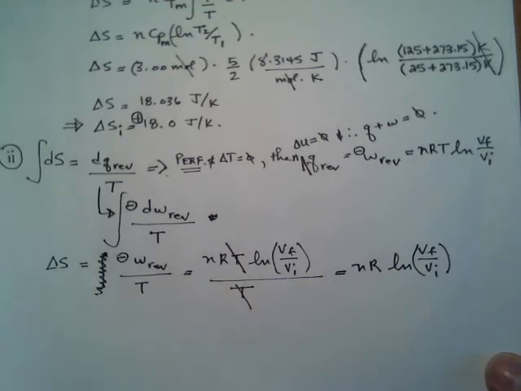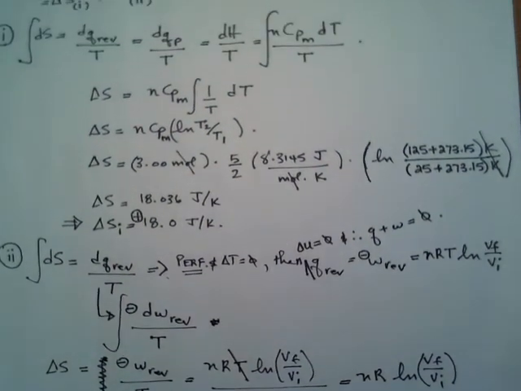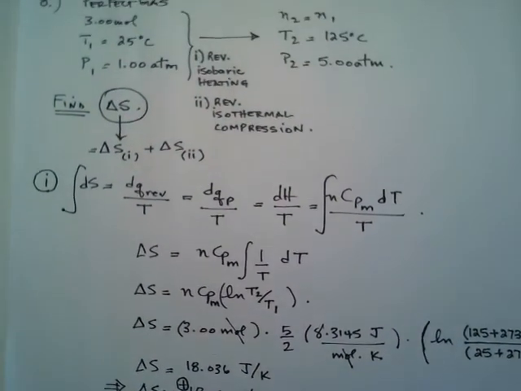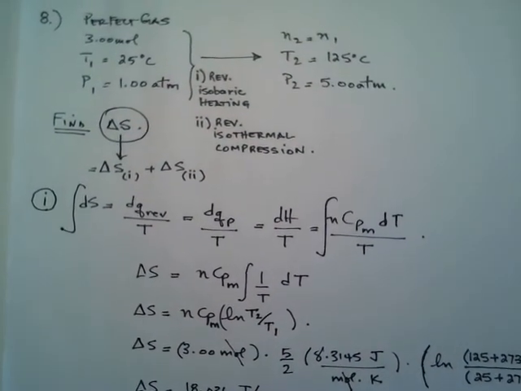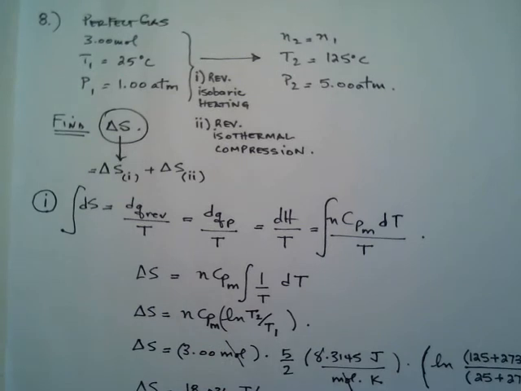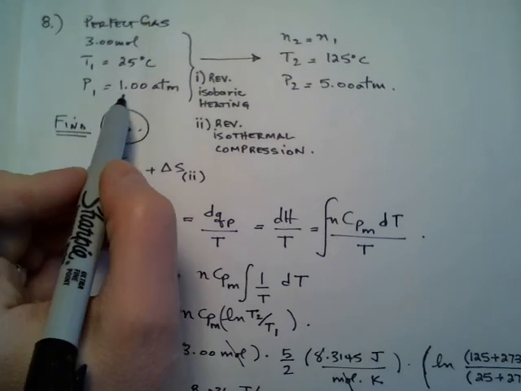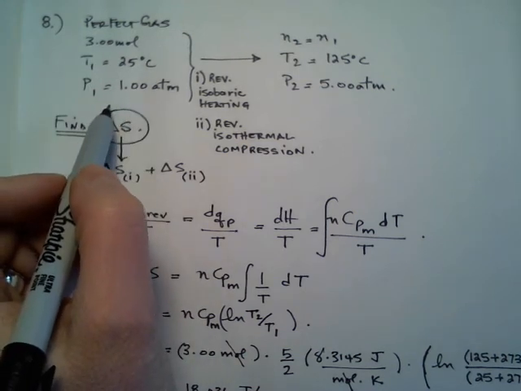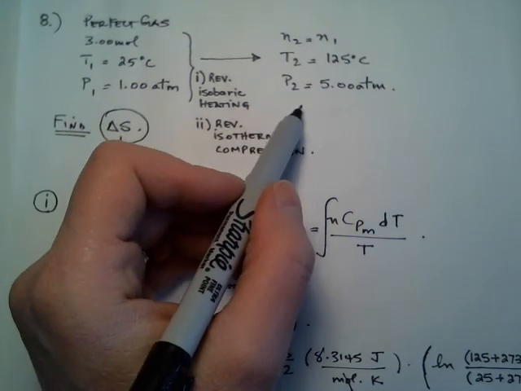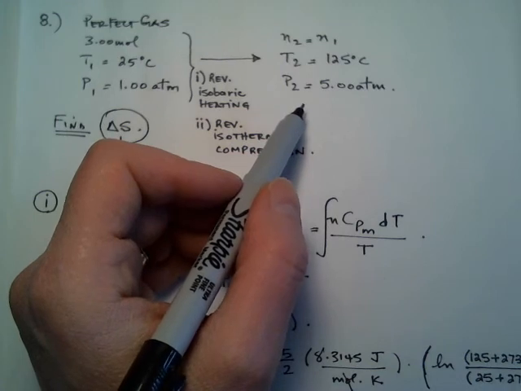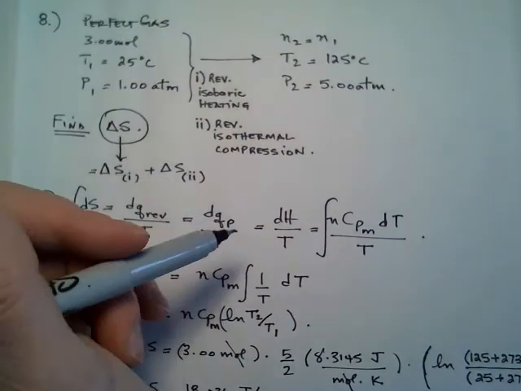It looks like I'm ready to substitute everything in, but let's have a look back here. I need V final, V initial, I'm not given it. Okay, so before we jump to PV equals nRT over here, which I can do to get V initial, and PV equals nRT over here to get P2, let's think about this for a second.